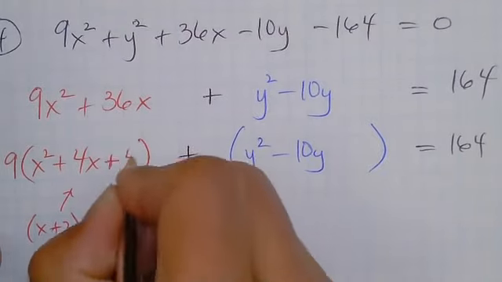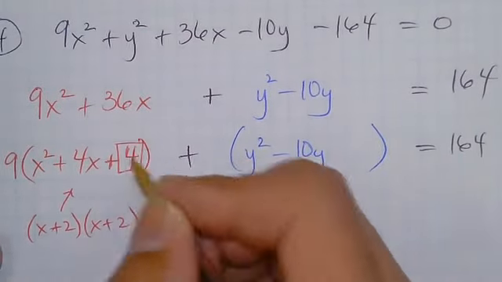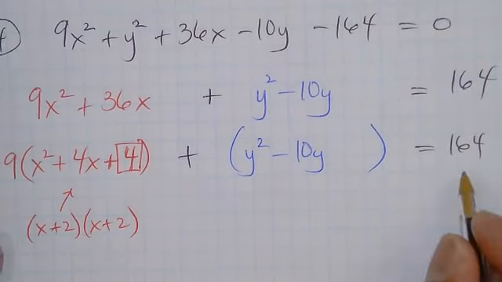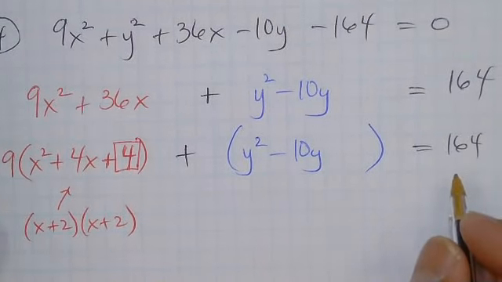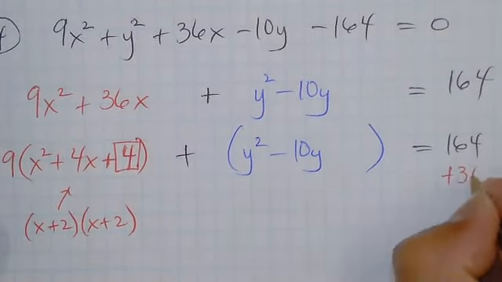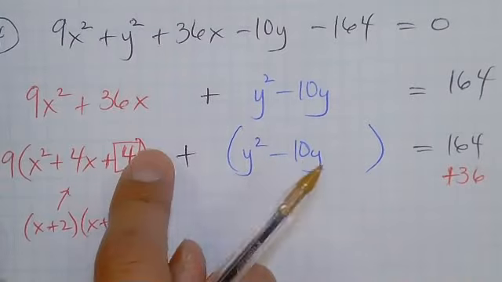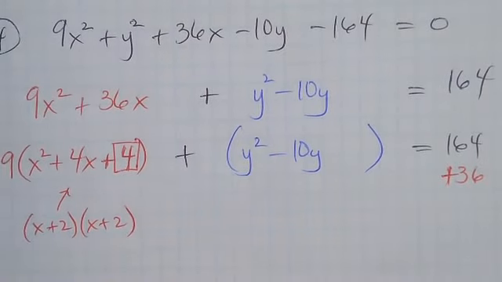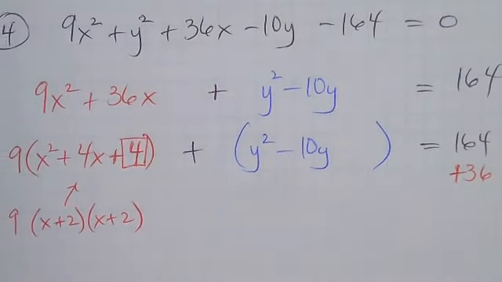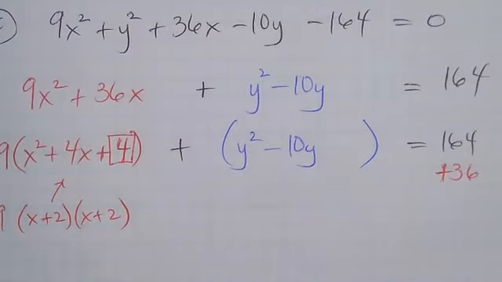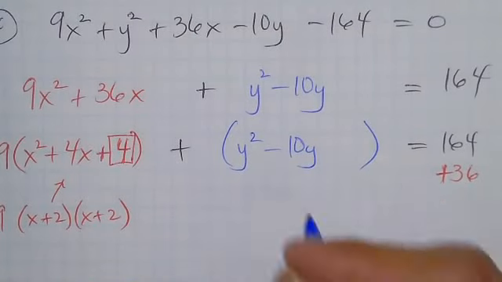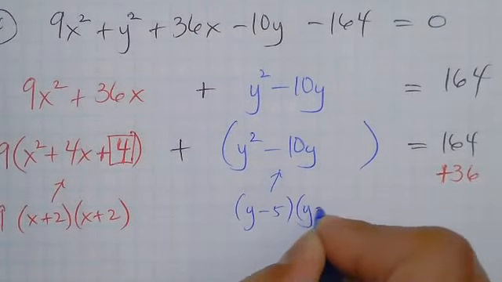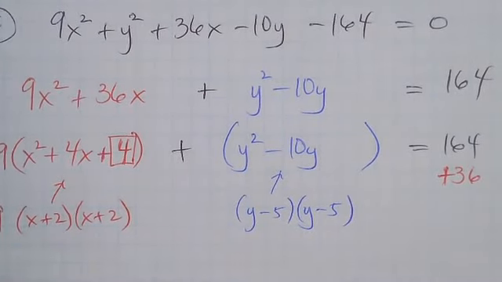If that's a 4, half of 4 is 2, so what do I add here? A 4. What do I add over here? 36, correct. I heard it. 4 times this 9. Correct. Okay, that one's waiting. Oh, I should put a 9 here so I won't forget it.